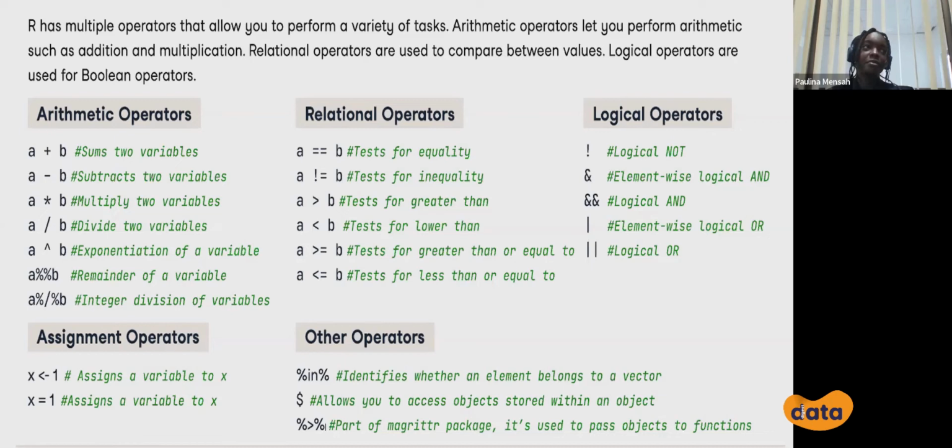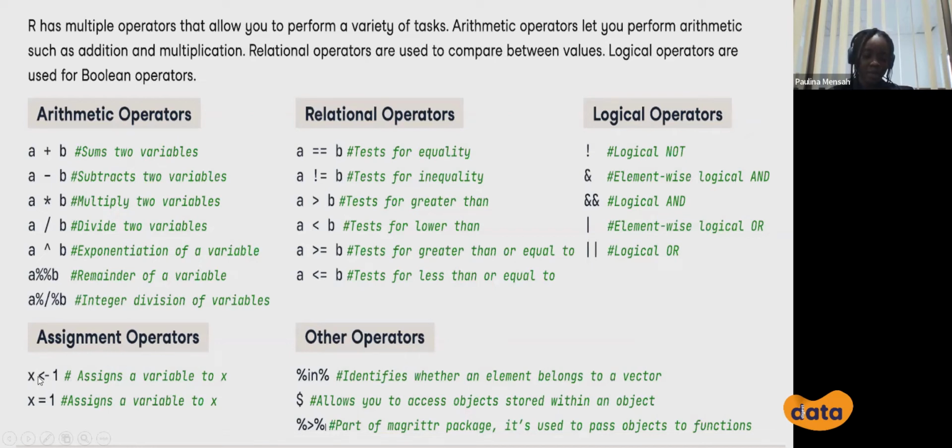Let's say you have two data sets and you want to compare to see how similar they are. You can use these operators. And then we have the assignment operators. These are used to assign objects to variables.